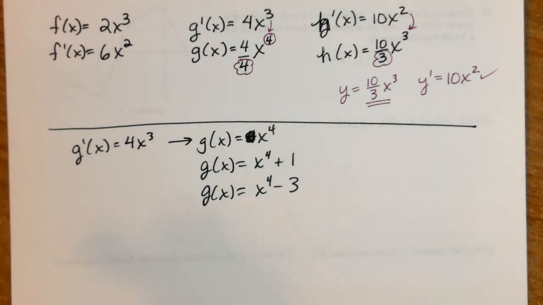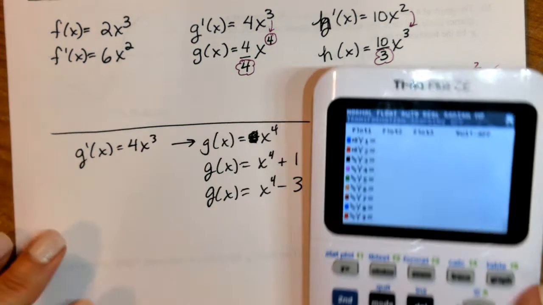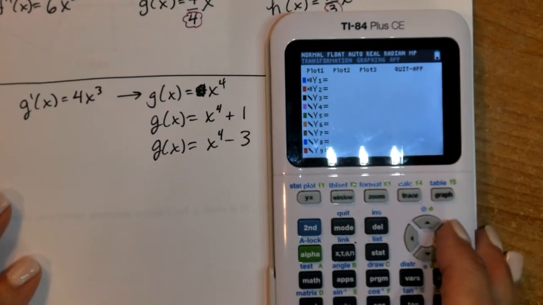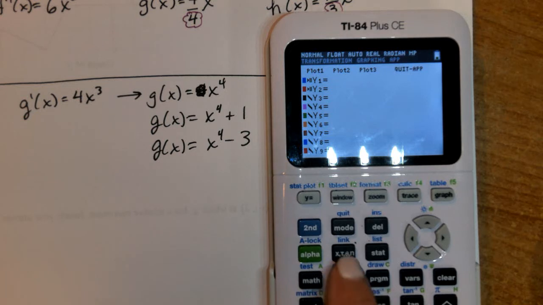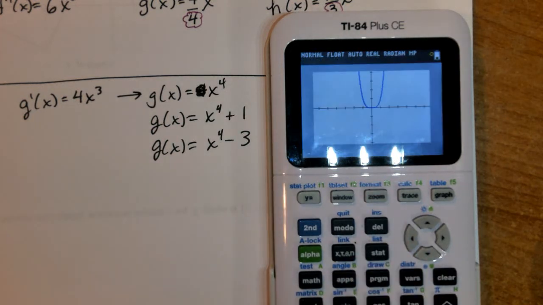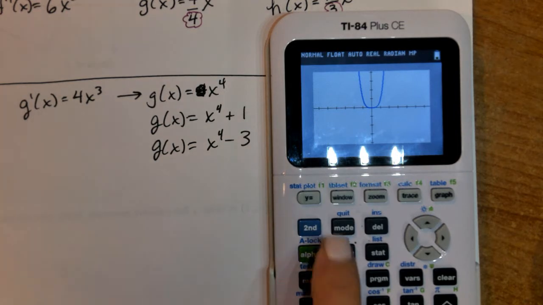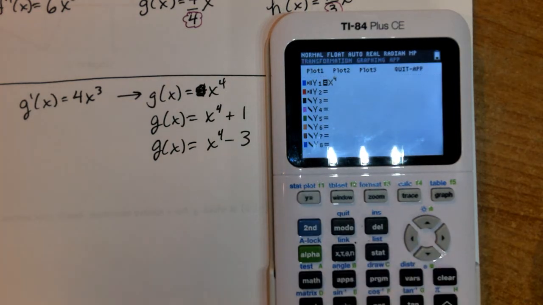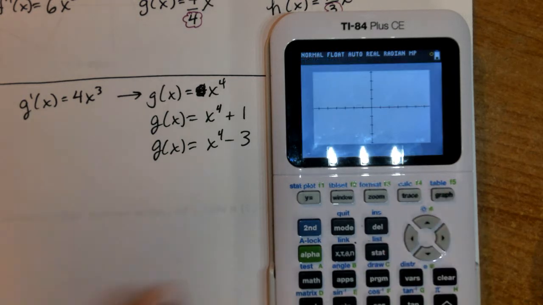Okay? Let's think about that. Let's think about what the graph of these would look like. If we have just x to the 4th, that's just x to the 4th. What does x to the 4th plus 1 look like? There's the original function.